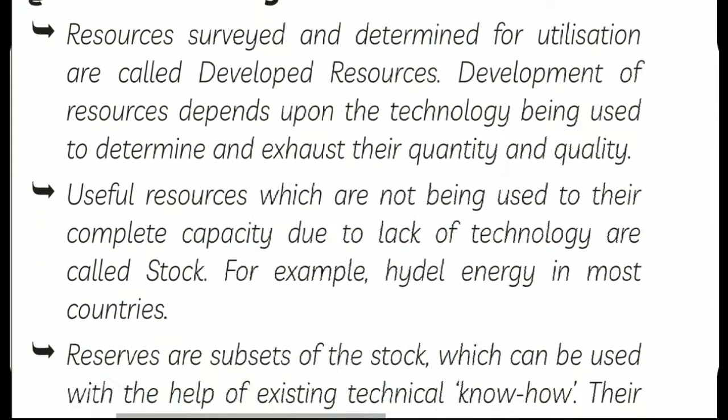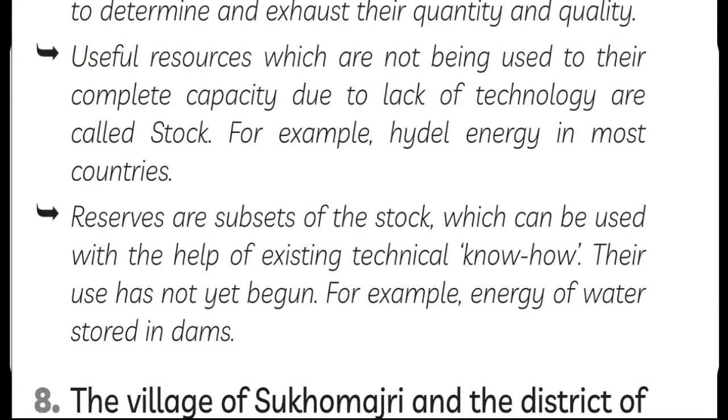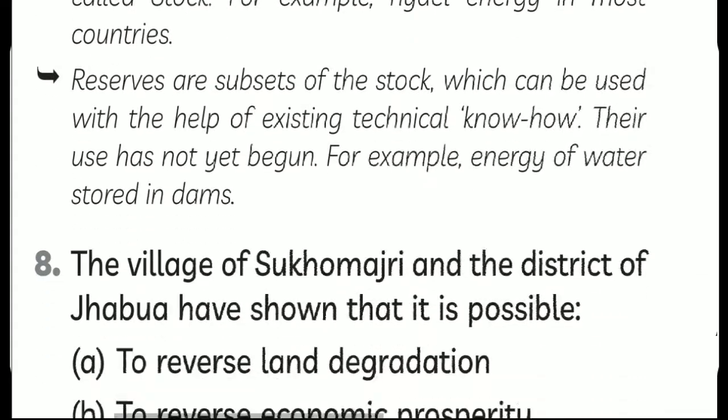Useful resources which are not being used to their complete capacity due to lack of technology are called stock. For example, hydel energy in most countries. The reserves are a subset of stock which can be used with the help of existing technology. Their use has not yet begun. For example, energy of water stored in dams.